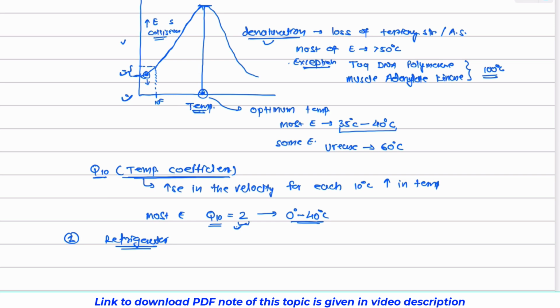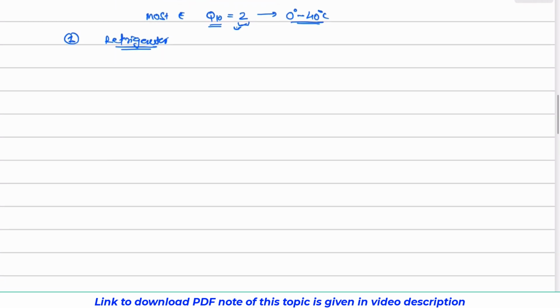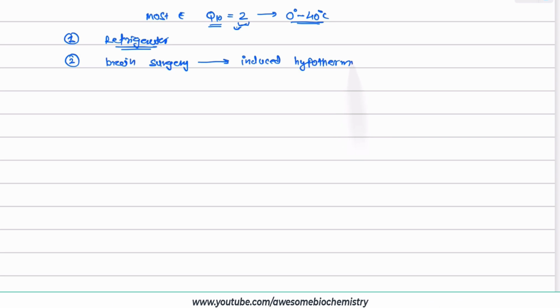The second important aspect of this knowledge is that during certain brain surgeries, the doctor generally produces hypothermia in the patient. It is called induced hypothermia. Now why does the doctor do that?